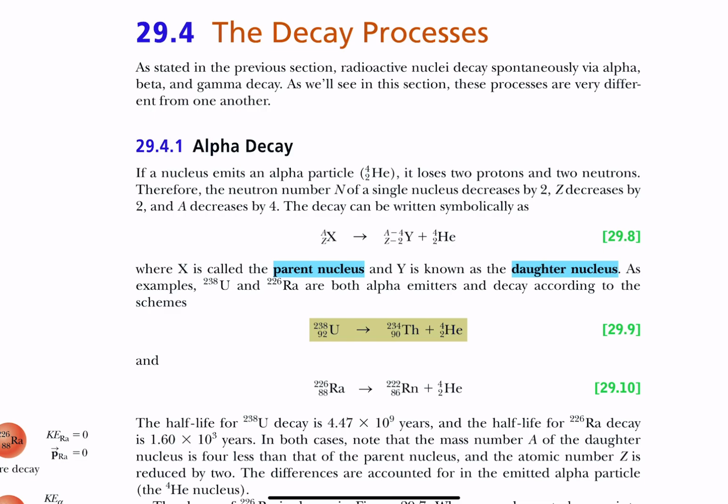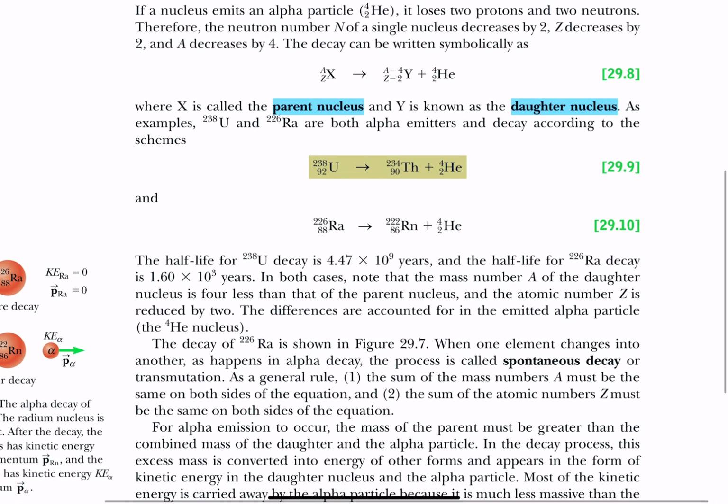Another way you can do these kinds of problems is, let's pretend that you did not know what the daughter nucleus was. You knew that uranium-238 yielded an alpha particle. Well, you could take 238 minus 4 and know that the nucleon number of this daughter nucleus had to be 234.